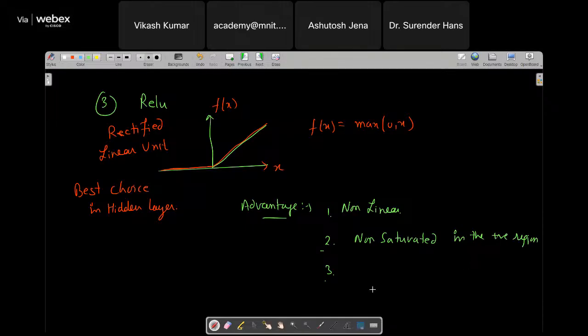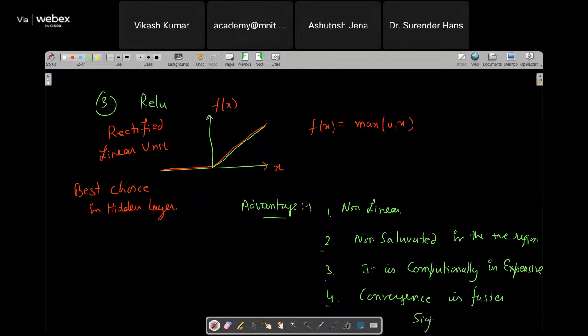And it is computationally inexpensive because it is non-exponential. The fourth one is convergence: convergence is faster compared to sigmoid and tanh. Correct?